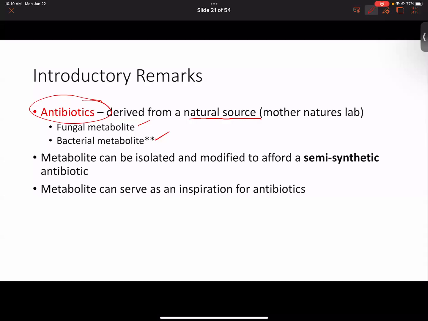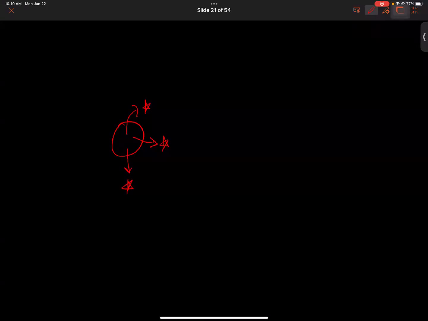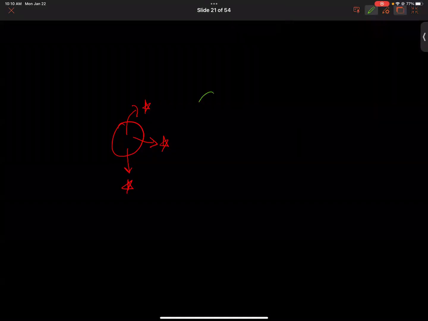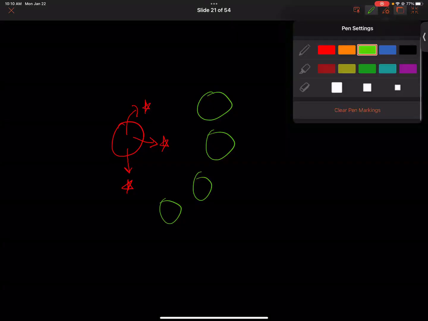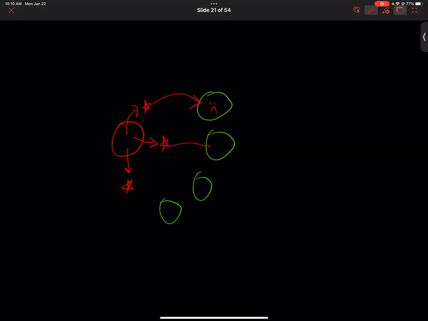Everybody with me? Understand the question? Do I need to rephrase it differently? Here's a bacterial cell, and this bacterial cell is pushing out the stars. Then here's a different bacterial cell, but this bacterial cell doesn't like the stars.